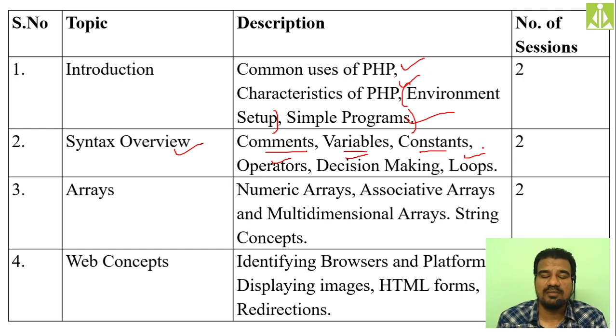Loops are nothing but while loop, for loop, do while loop. All these things will wind up in 2 sessions. Next we discuss the arrays concept. We have numeric arrays, associative arrays, and multidimensional arrays, along with string concepts.